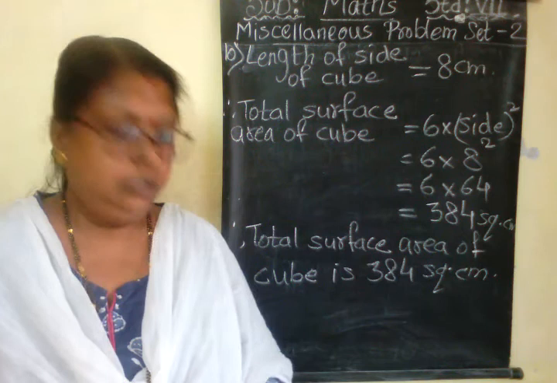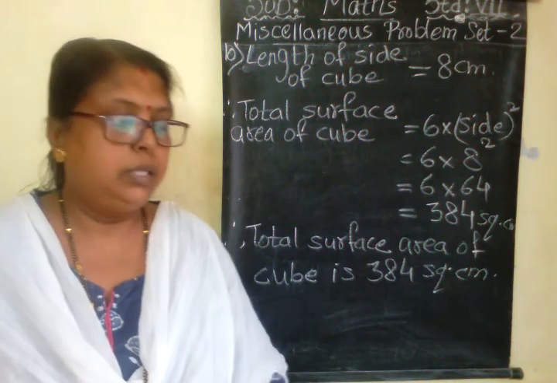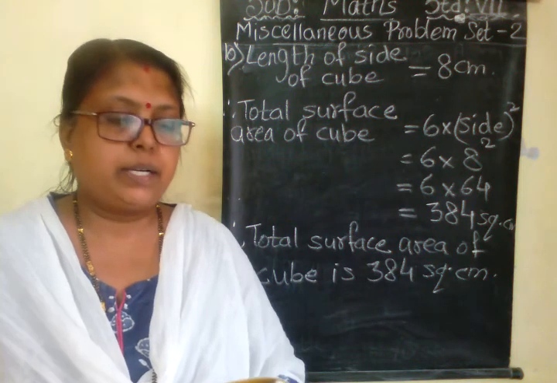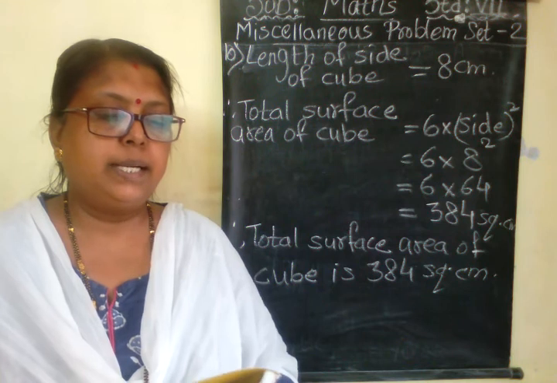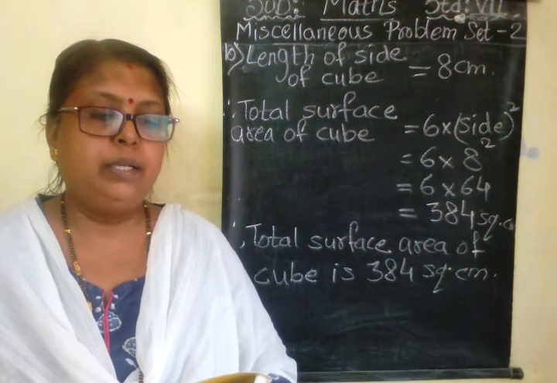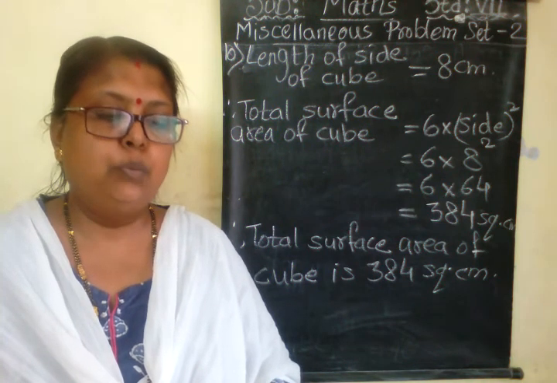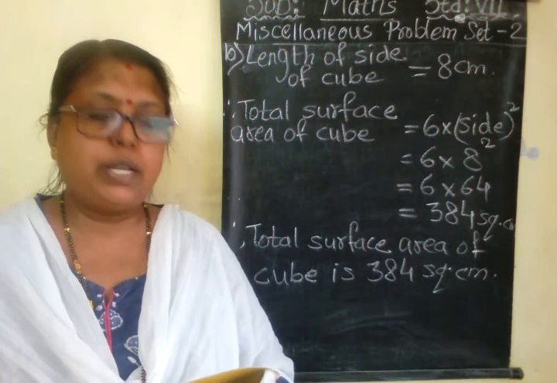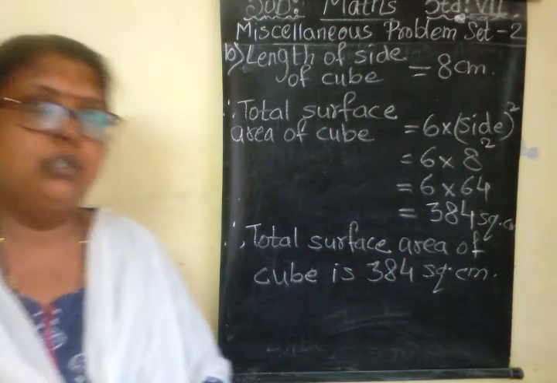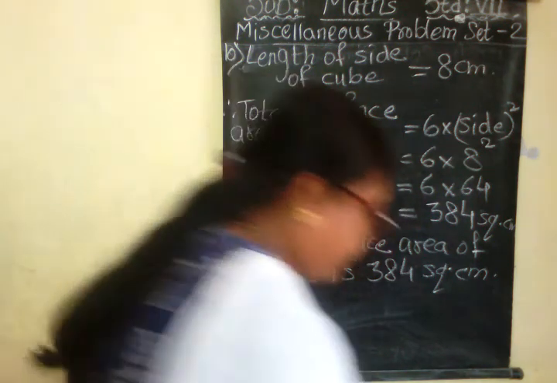Now the last one, 11th one, factorize. You have to factorize the given question. That is 365 y raised to 4 z cube minus 146 y square z raised to 4. So you have to find the factors. Let us find.